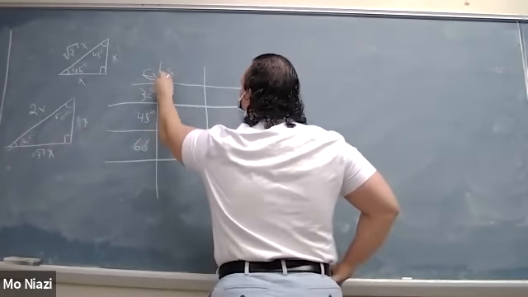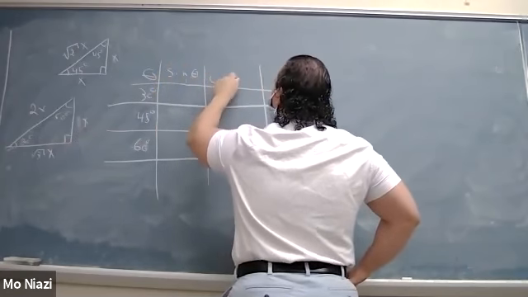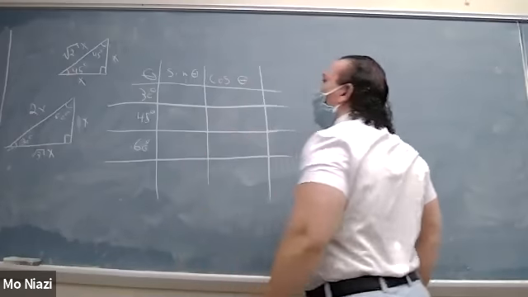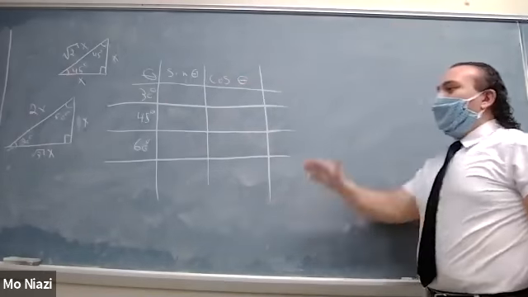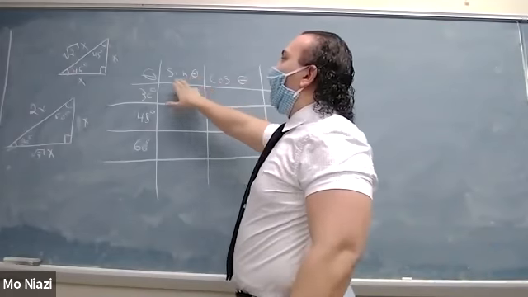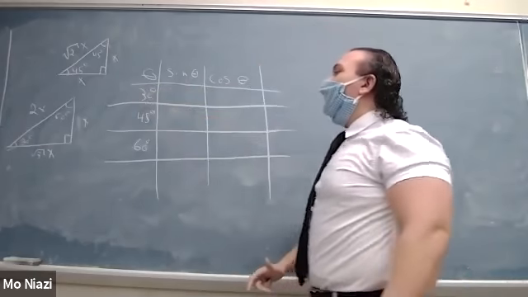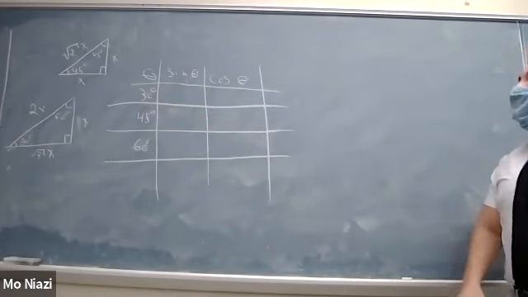And we want to know what is sine of theta and what is cosine of theta. So when I construct a table like this, sine of theta, if this is theta, means this is sine of 30 degrees. So what is the sine of 30 degrees?